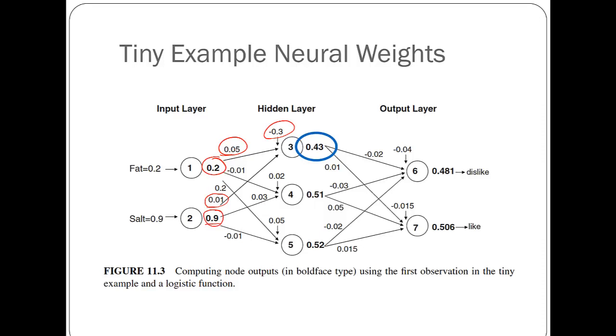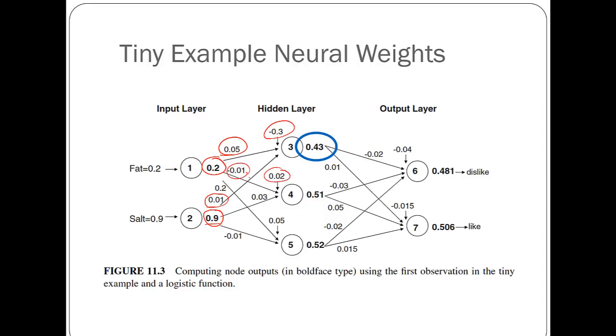We take those numbers, add them up, raise e to the negative of that, add 1, and divide that into 1, and that gives us back essentially a probability. So the value at the third node is 0.43, and we do the same thing at the fourth node and the fifth node. Of course we get different values because we have different weights and different biases.